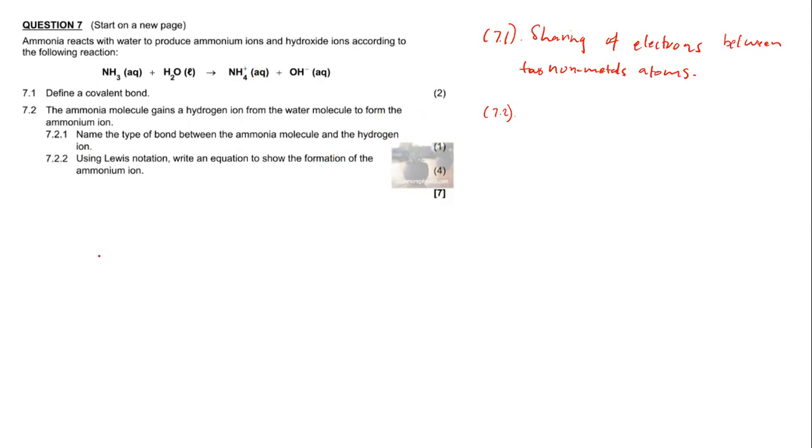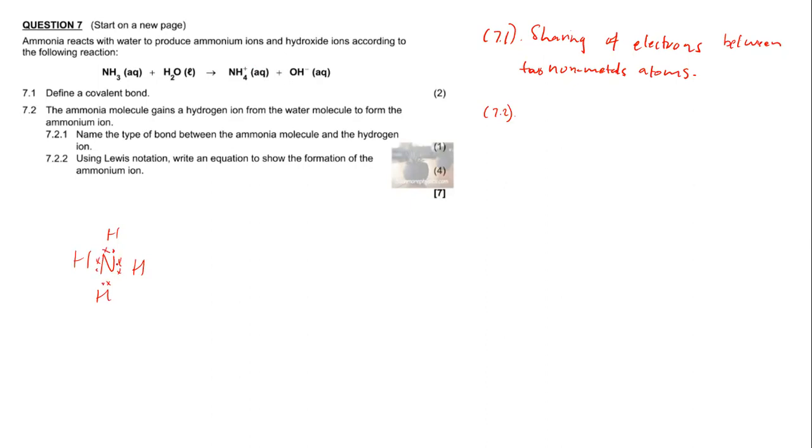So now we know that if we have to write the Lewis structure for the ammonium ion, N, which is our nitrogen, will be surrounded by 4 hydrogen atoms. But you have to understand that here we're going to have the shared electrons between these 2 over here. Let me show you something.